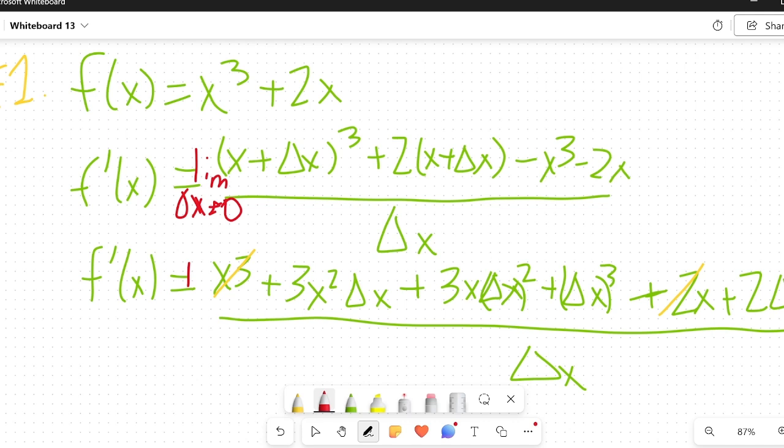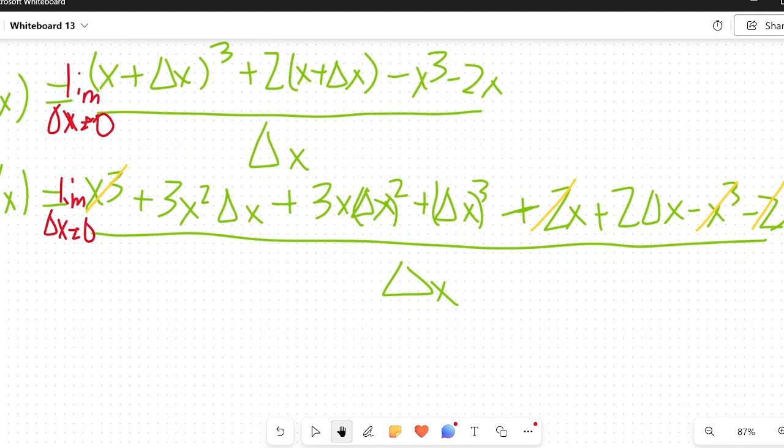Same thing here, limit as delta x approaches 0, right? So as you can see here, now that we've canceled out all the terms with just x, there's a delta x in every single one of these terms, meaning that we can divide this out.